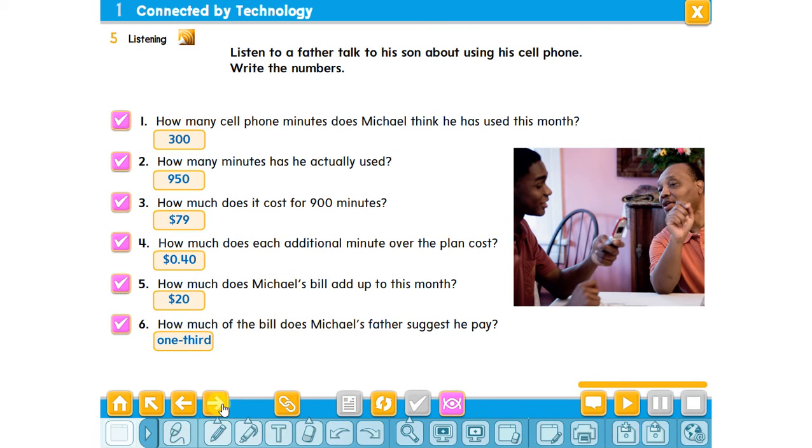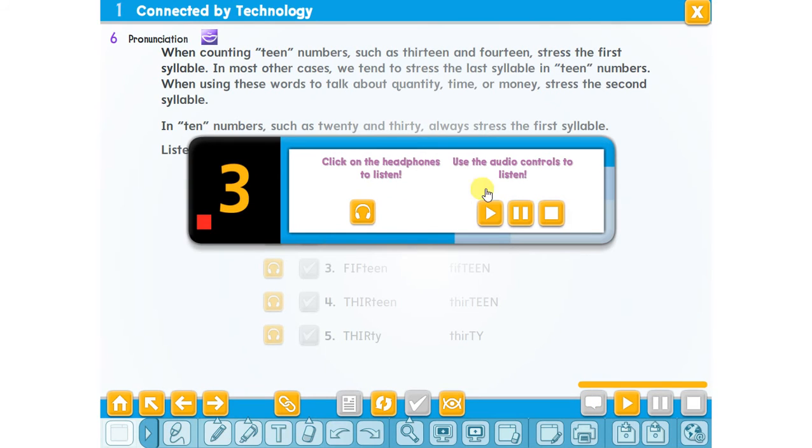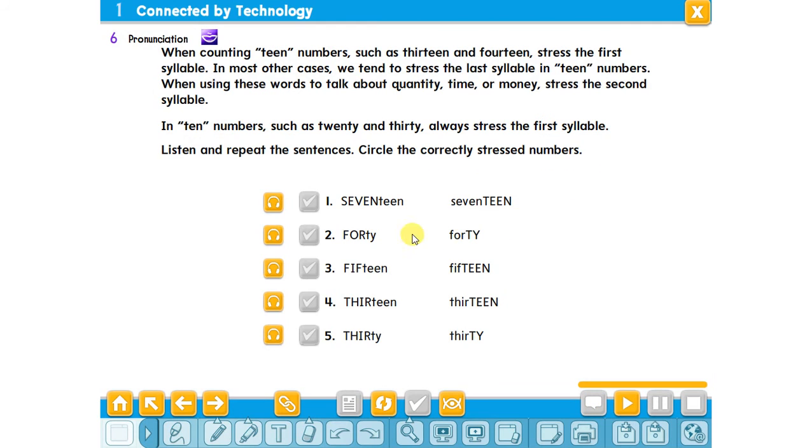Okay, let's move on. Here we have what we call pronunciation. When counting teen numbers such as 13 and 14, stress the first syllable. Say 17. This one here, you stress the first syllable. Here, you stress the second syllable.